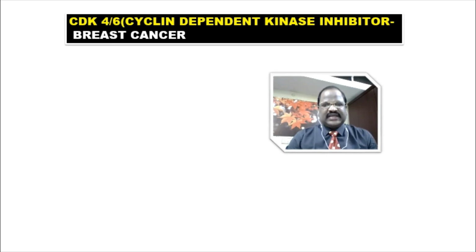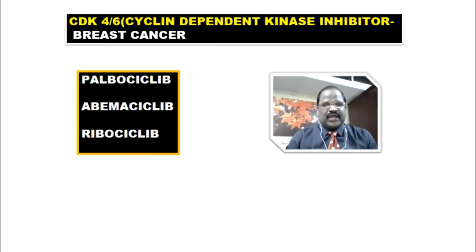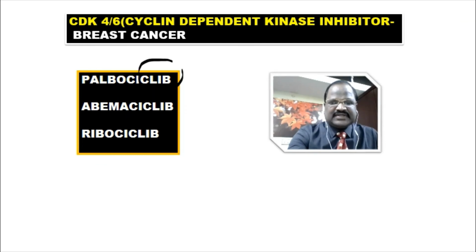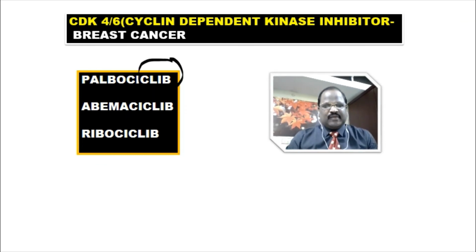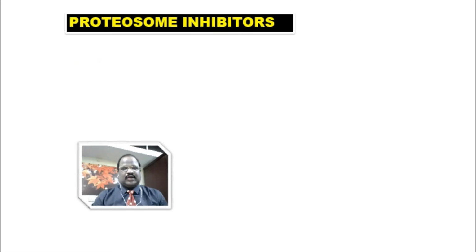So we have cyclin dependent kinase 4,6 inhibitors useful for treatment of breast cancer. The drug names are palbociclib, abemaciclib, ribociclib. These drug names all end with ciclib, C-L-I-B. Palbociclib, abemaciclib, ribociclib are useful for treatment of breast cancer. They are called cyclin dependent kinase 4,6 inhibitors. Then proteasome inhibitor, very important.